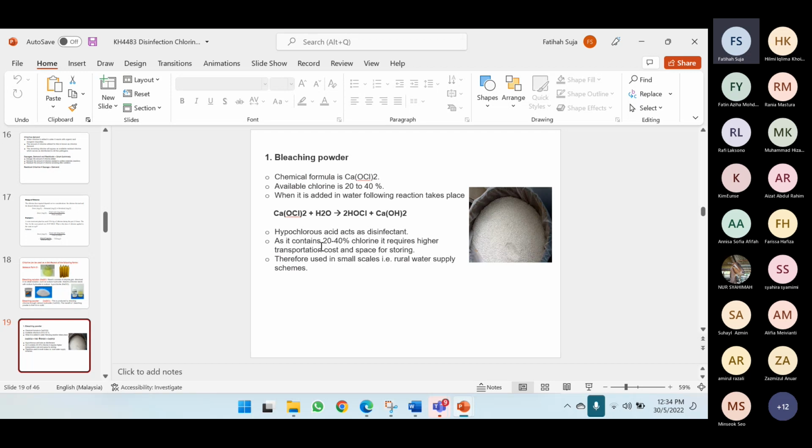As it contains only 20 to 40% chlorine, it requires higher transportation costs and space for storing, because you need to use lots of bleaching powder since the concentration is very low. Therefore, use it in small scale like rural water supply schemes. You cannot use it in a very big treatment plant because it is not economical, as you need to use a lot of this powder, because it is not concentrated.